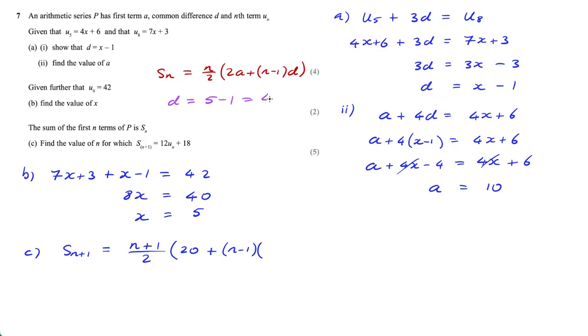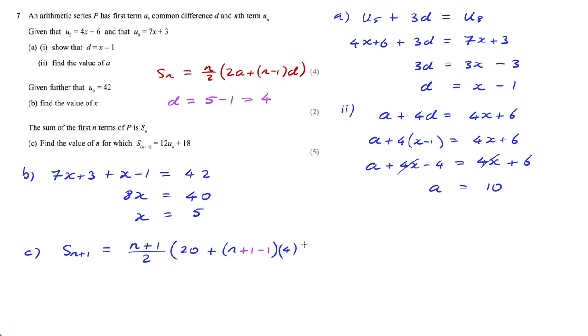So this is actually, let me just delete this, n plus 1 minus 1, which is actually n, but let's just leave it for now, times 4.